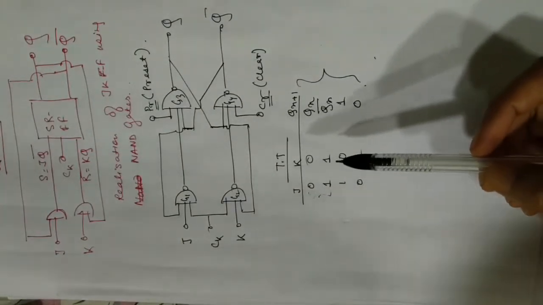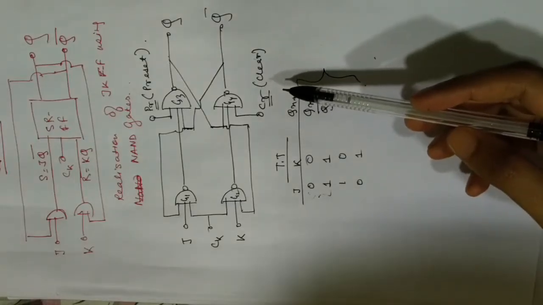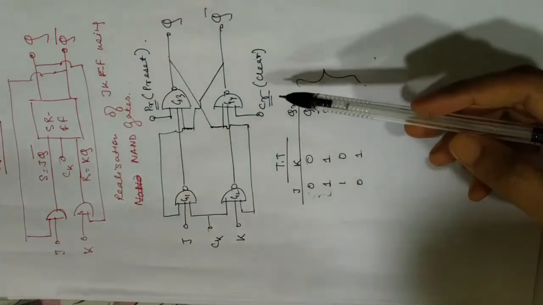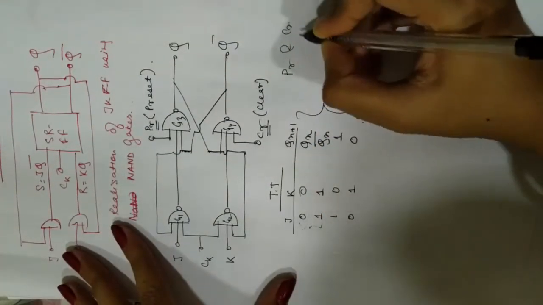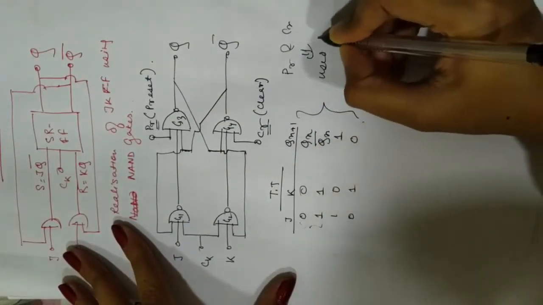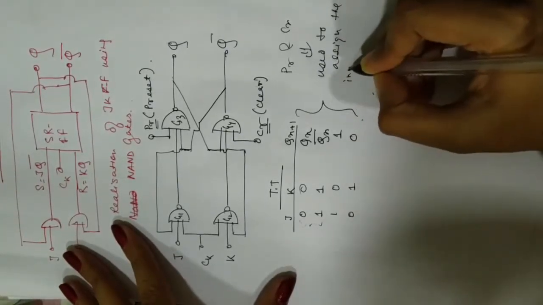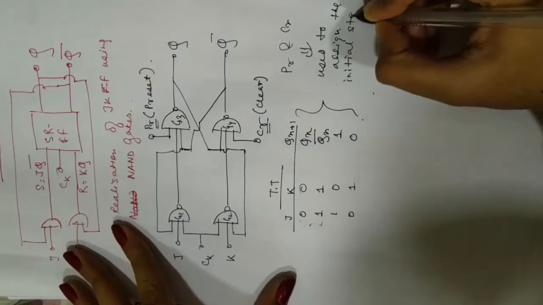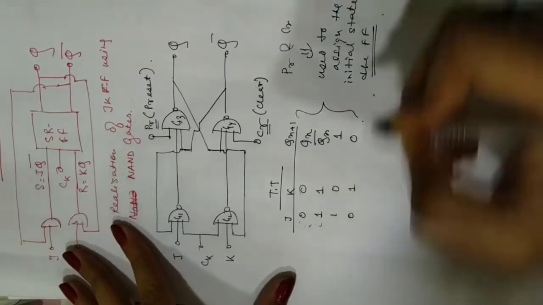So these are required to assign the initial state of the flip-flop. PR and CR are used to assign the initial state of the flip-flop.